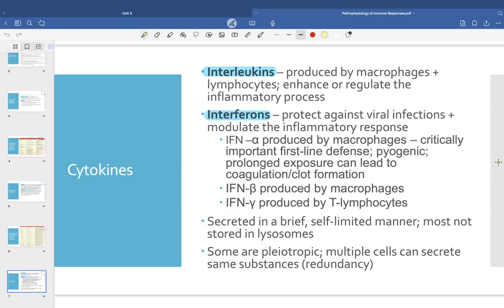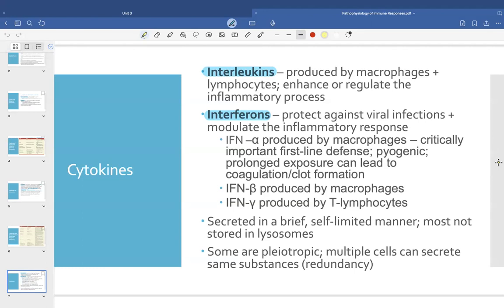Okay. And there is some redundancy and crossover so that they can be produced by different cells, and it allows for a stronger immune system. So the problem is when it goes unregulated.